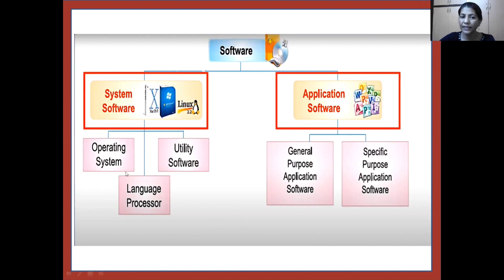One is operating system, language processor, and utility softwares. Fine? And like this only, application softwares are also of two types. One is general purpose application softwares and another one is specific purpose application softwares. So one by one, we are going to learn about these different types of softwares in the chapter. Let's move on.